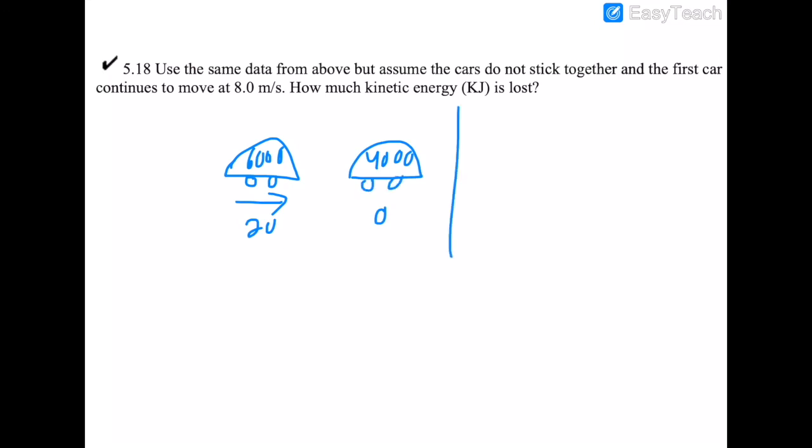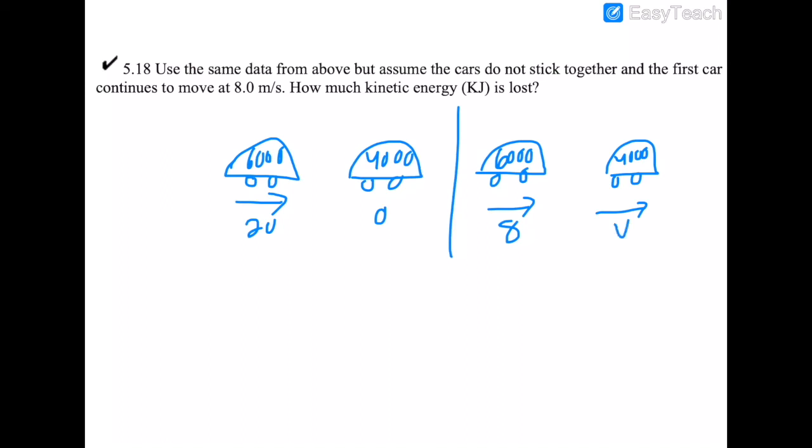After the collision, the 6,000 kilogram car moves at 8 meters per second. This time they're not going to stick together. Okay, so how fast is the 4,000 kilogram car going to be moving? That's what they're asking there. Okay, how fast?